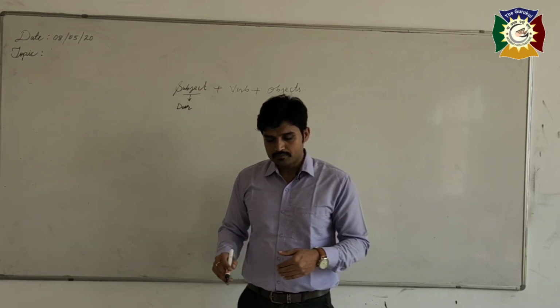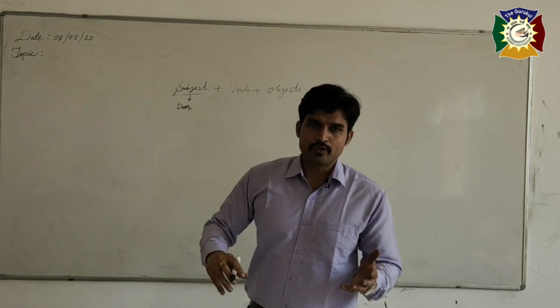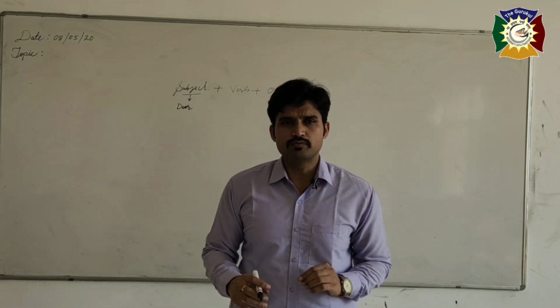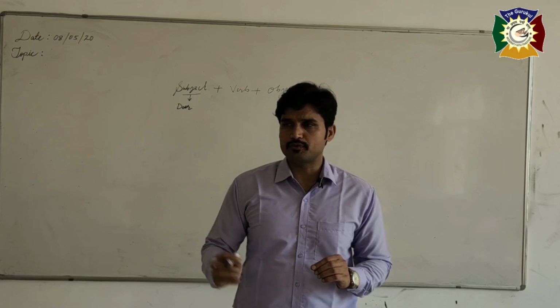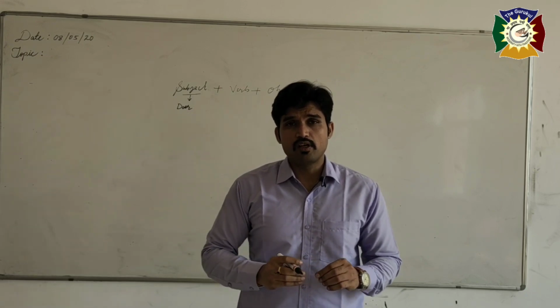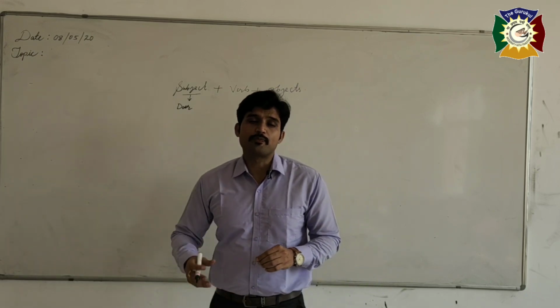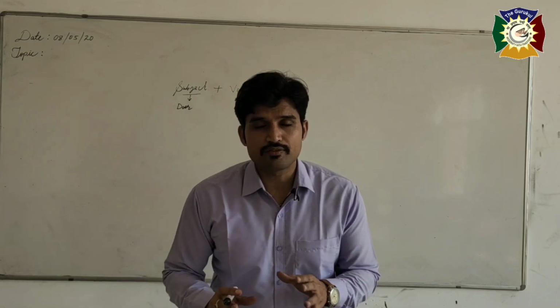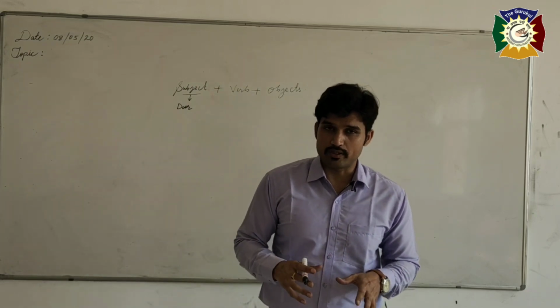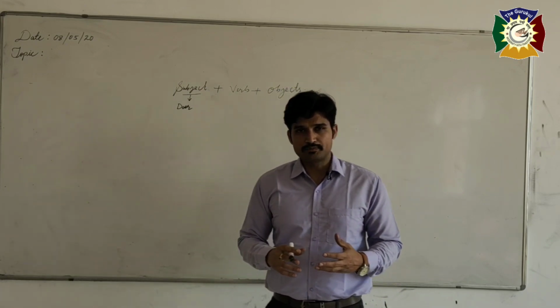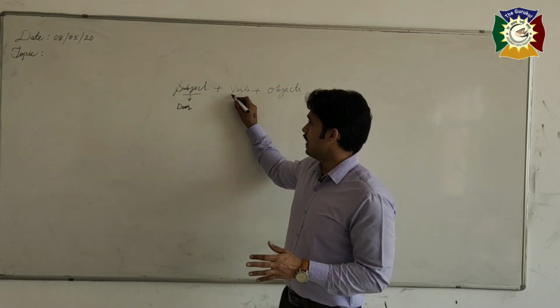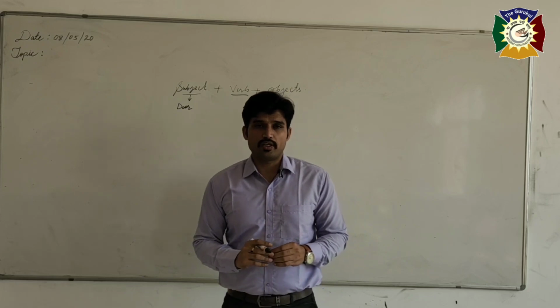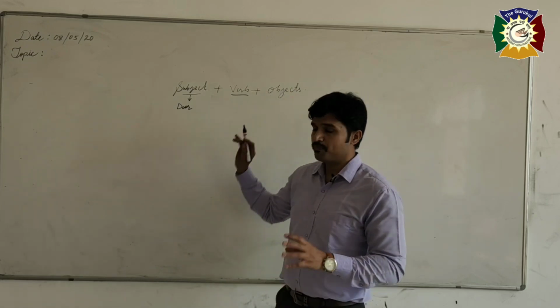For example, when you learn something, it is you, or when we name somebody, for example, Arvind. Arvind studies means that the action of studying is done by Arvind. Arvind is the doer here, and the action which Arvind is doing is here.